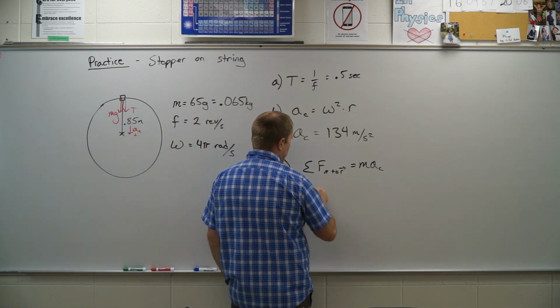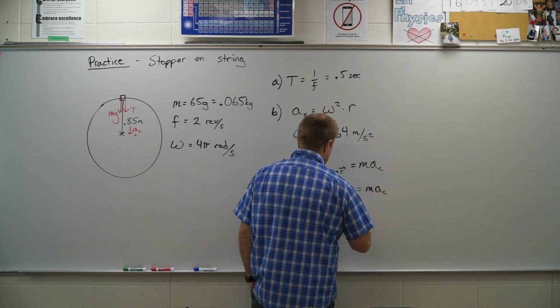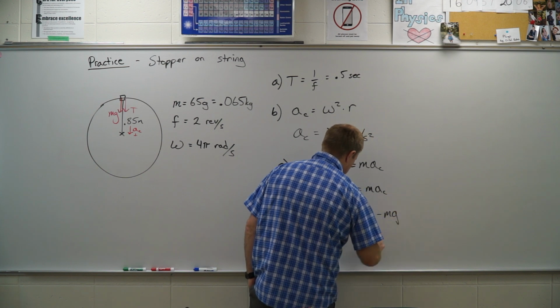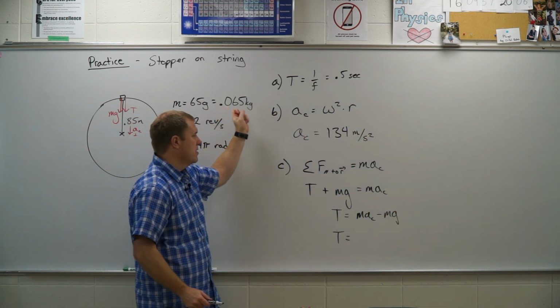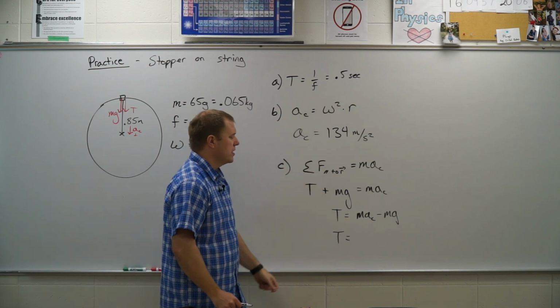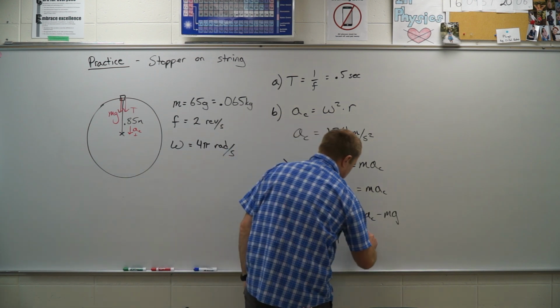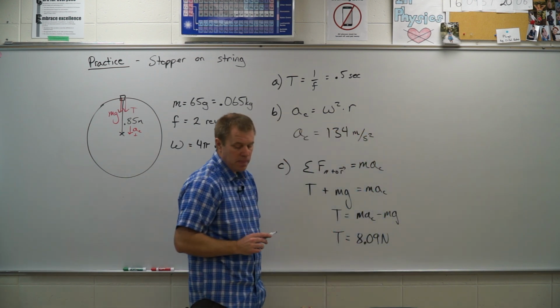So we got both pointing in, so tension plus mg equals MAC. So the tension is going to be MAC minus mg. Go ahead, plug in your mass, 0.065, plug in your centripetal acceleration, your mass, 9.8. You should come out to a number like 8.09 newtons for a tension there.